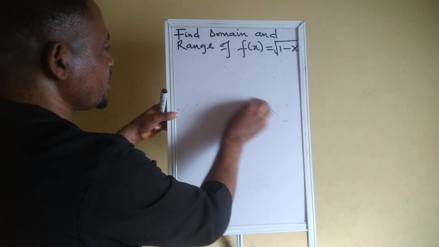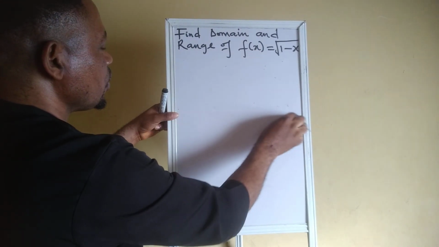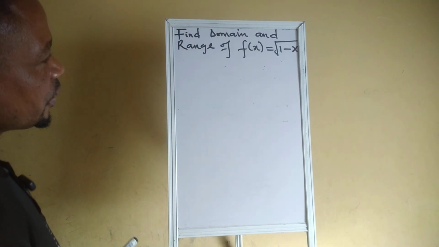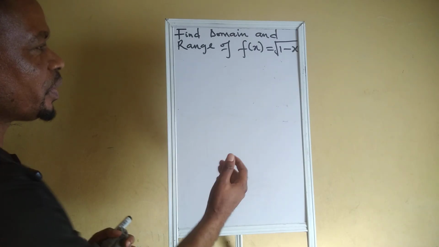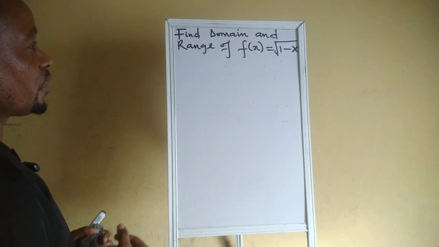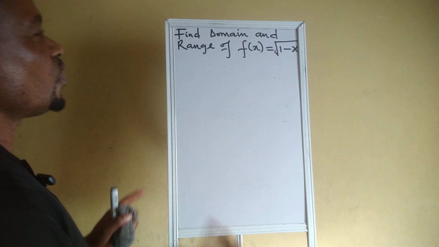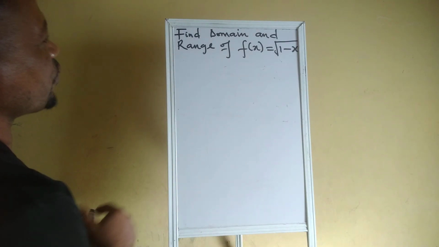Some have been asking when you will have a full lecture note about calculus. I told them they should relax, that I'm coming, and they will understand it. Now, I'm just trying to pick some questions so that we can solve them. So by the time I begin to lecture you on everything that has to do with calculus, you will be able to appreciate it all. So let us fire on now.